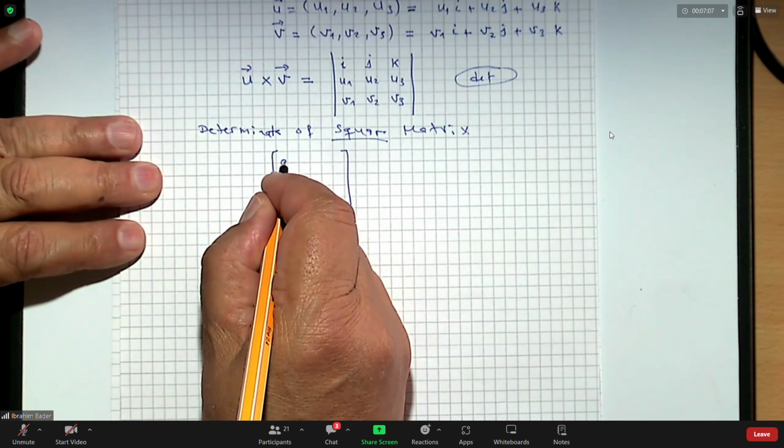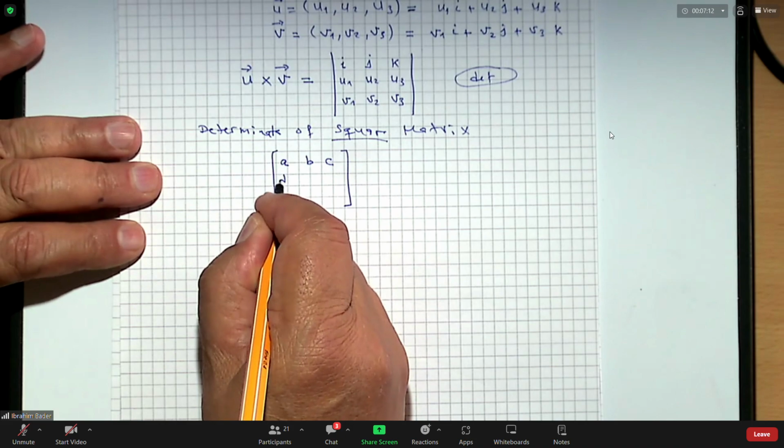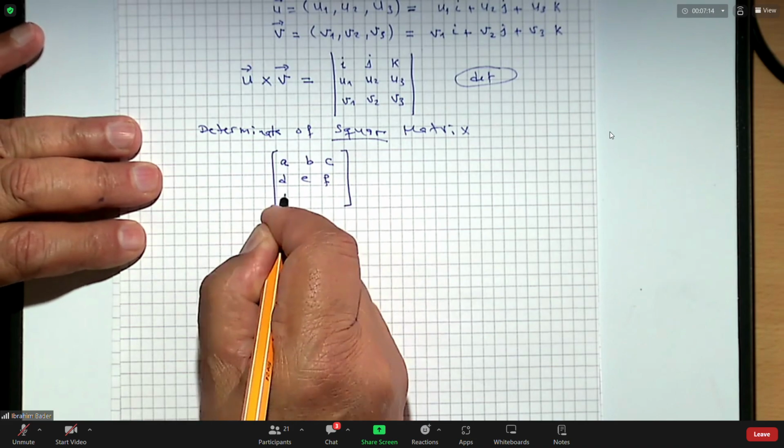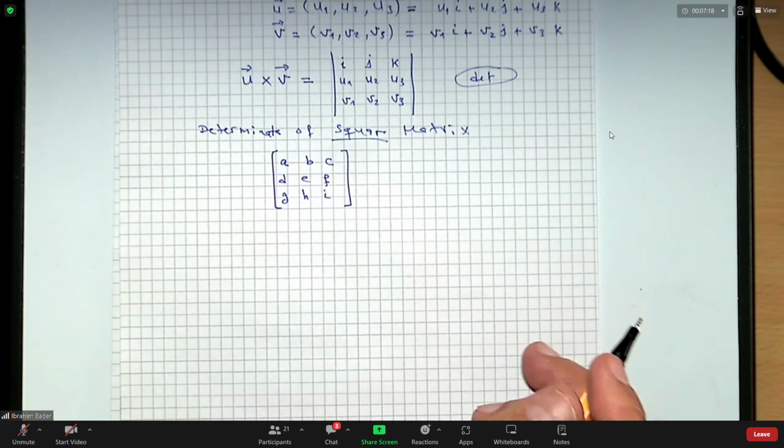Okay, so let me take a 3 by 3 matrix: a, b, c, d, e, f, g, h, i. I hope I still recognize the alphabet. Is that correct? Yeah.